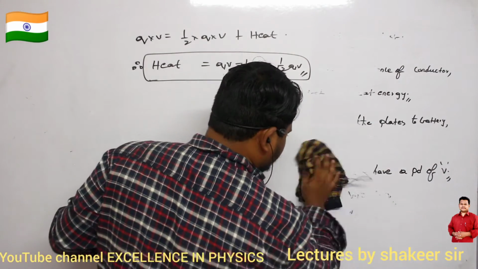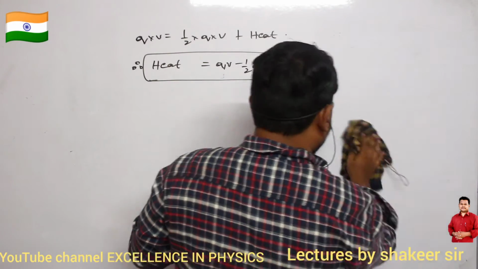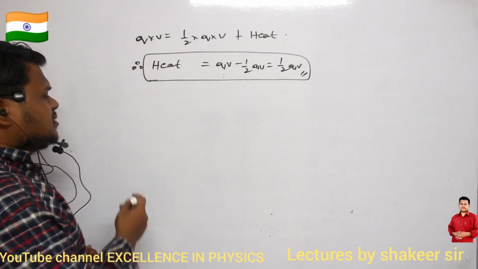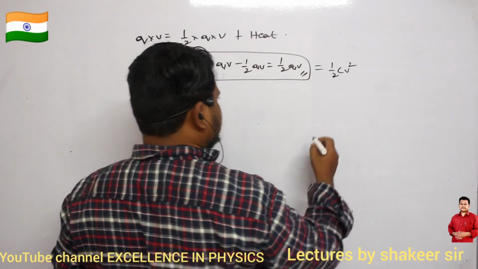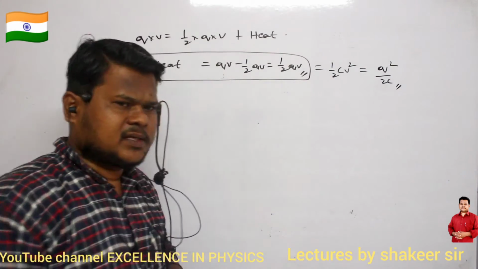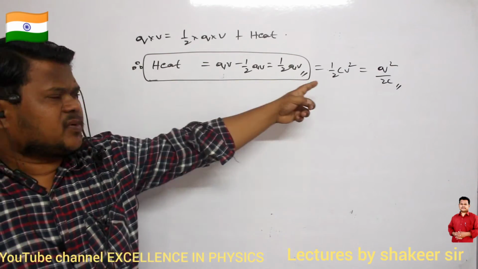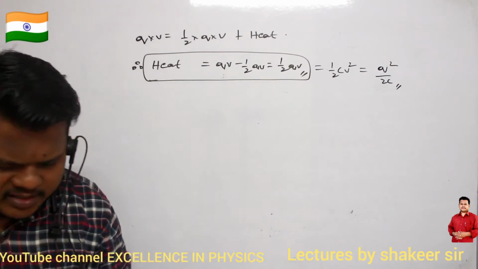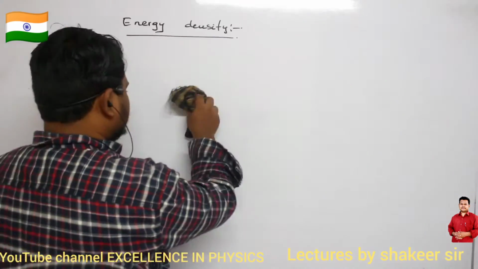Other equations for heat generated can be written as half CV square, and Q square divided by 2C. The same amount of energy is stored between the plates of the capacitor and the same amount is wasted as heat energy. That is the concept.